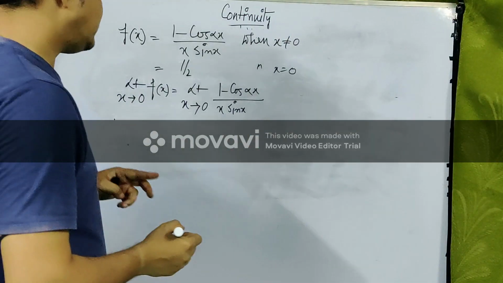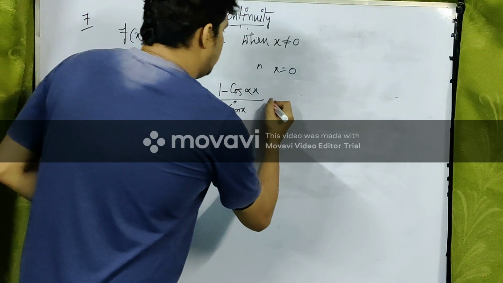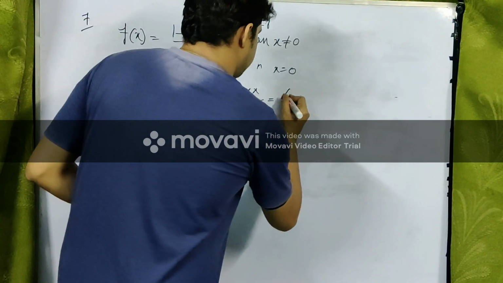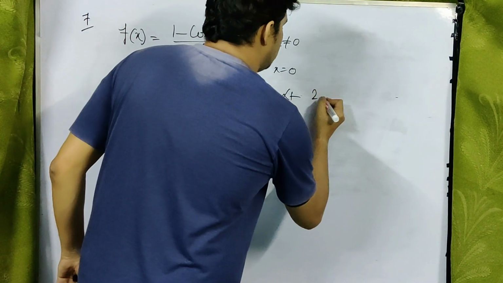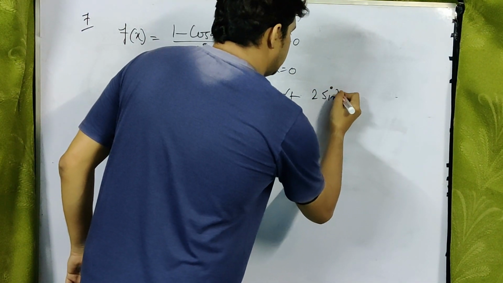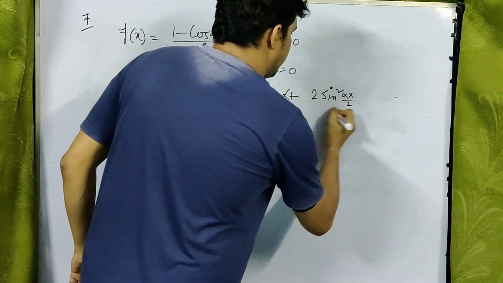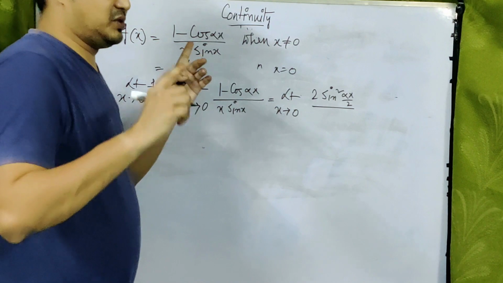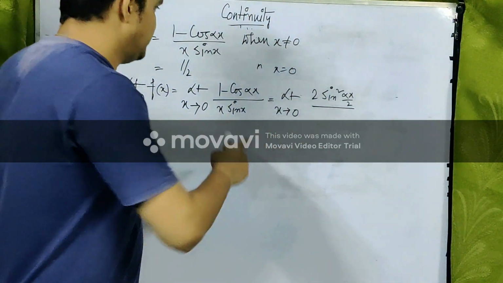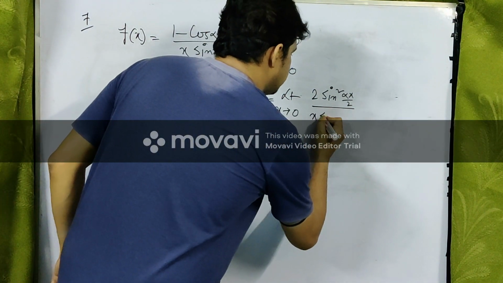Okay. Now, 1 minus cos alpha x means 2 sine square alpha x by 2, by the submultiple angle chapter. 1 minus cos theta equals 2 sine square theta by 2, and here we have x sin x.